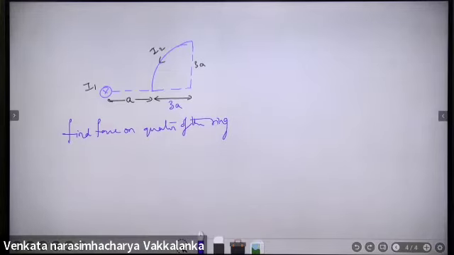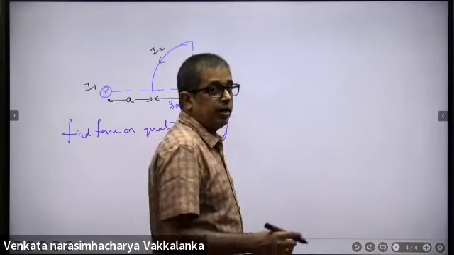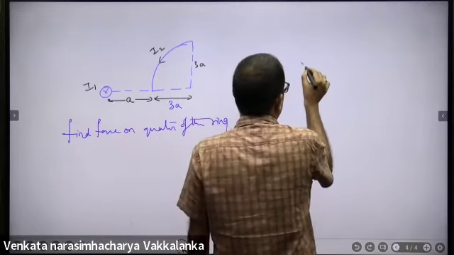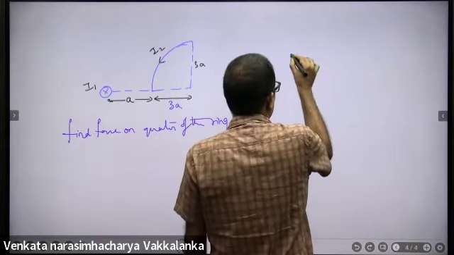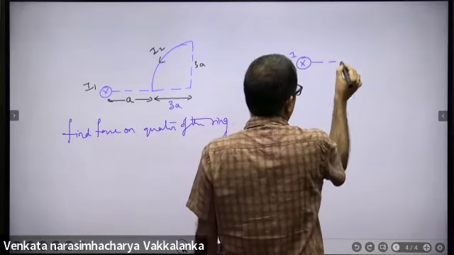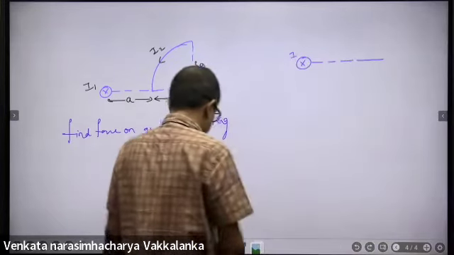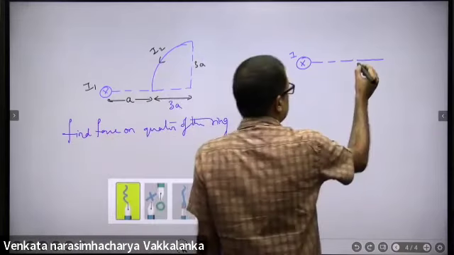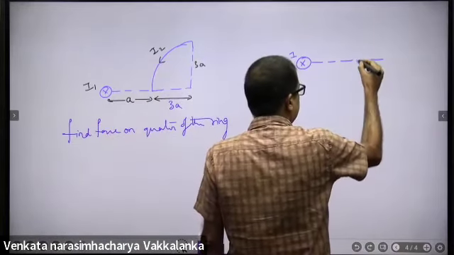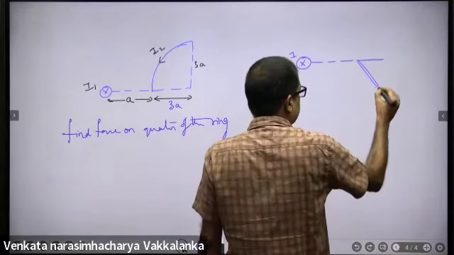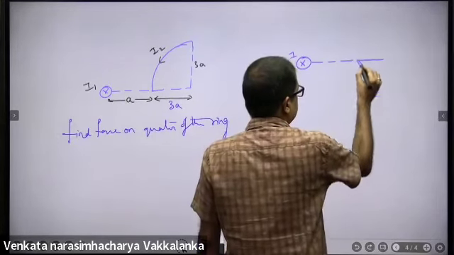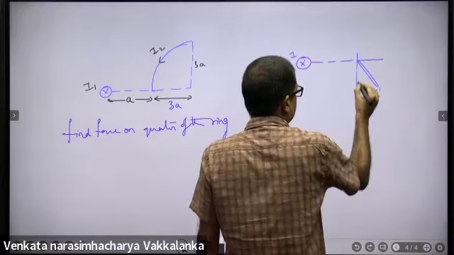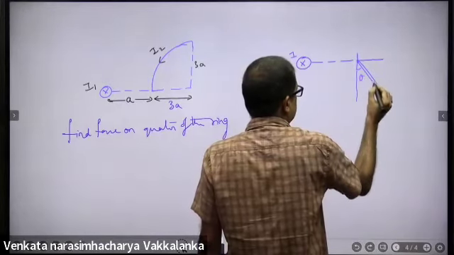I'll give you one hint in this case. All of you have a look at it. You have a current carrying wire I here. Here I have a current carrying wire I dash. This angle is theta.